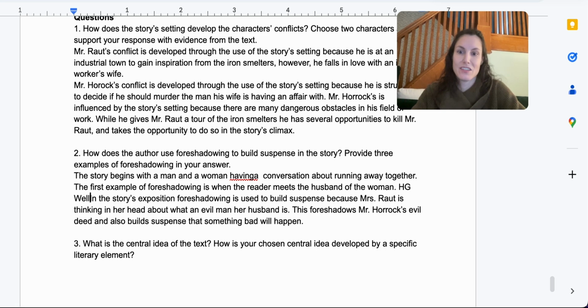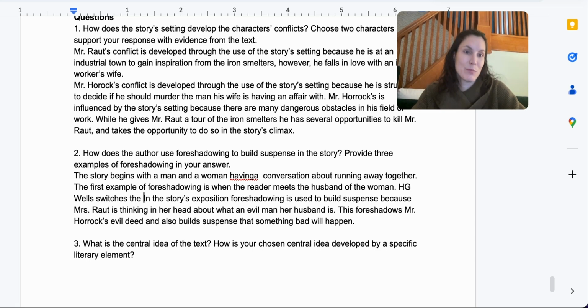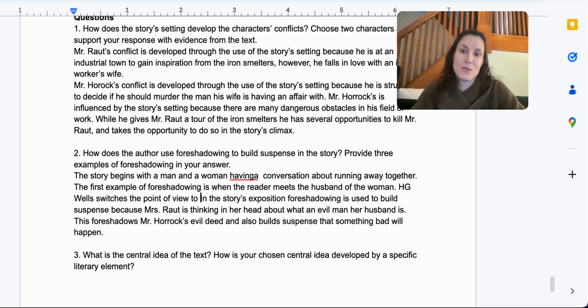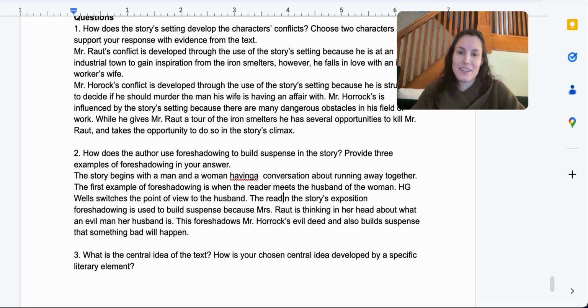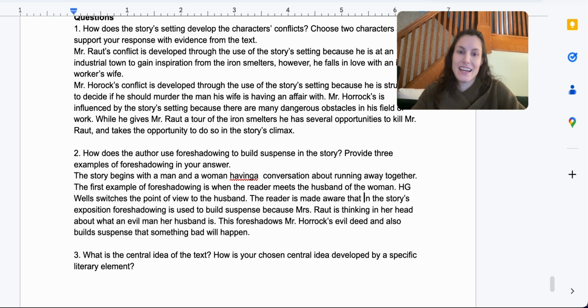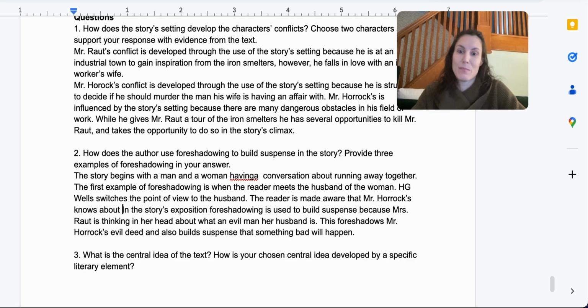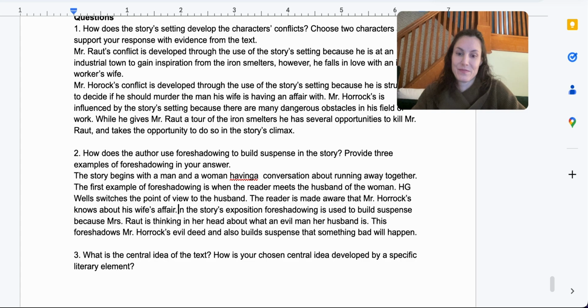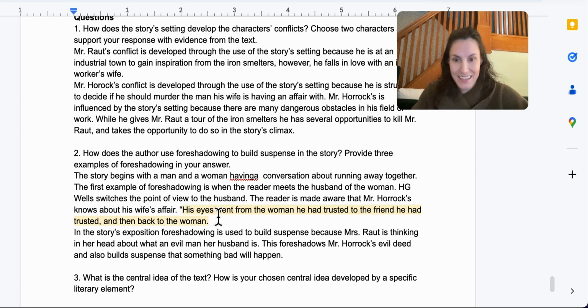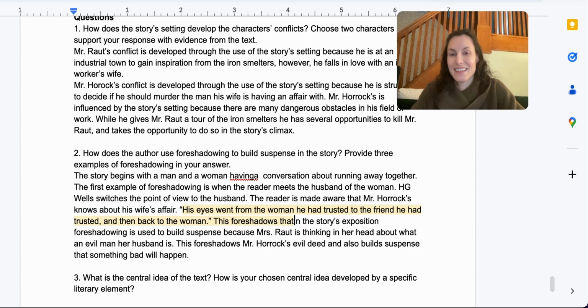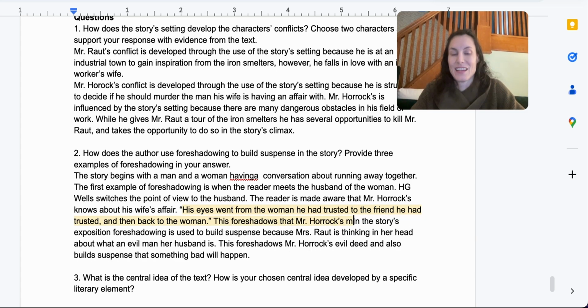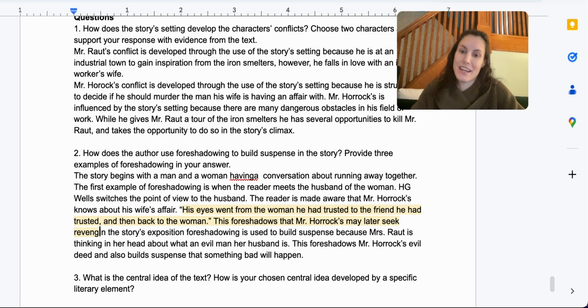H.G. Wells switches the point of view to the husband. And we can say the reader is made aware that Mr. Horrocks knows about his wife's affair. And there we'll put it here. We could say this foreshadows that Mr. Horrocks may later seek revenge.